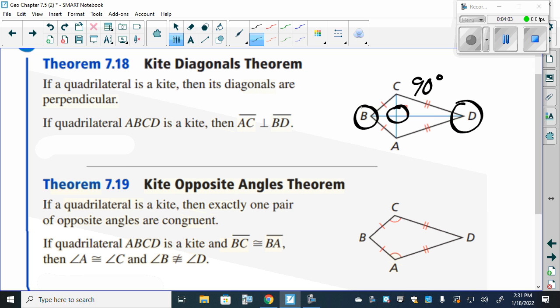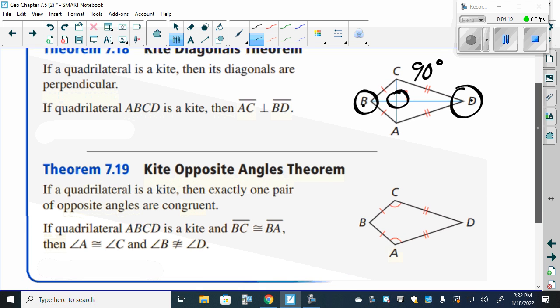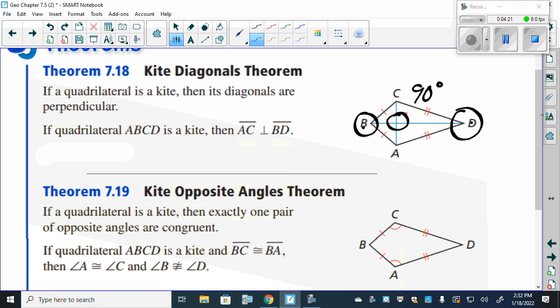The one diagonal also bisects the angles between the congruent sides. It'll cut them in half. Angles D and B are not congruent, but it will cut them in half.